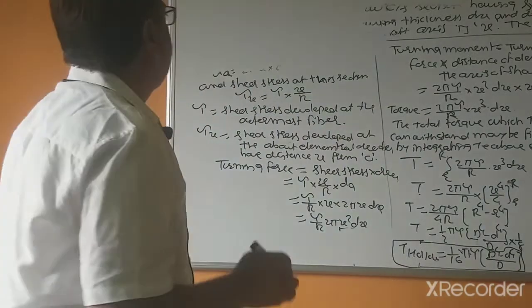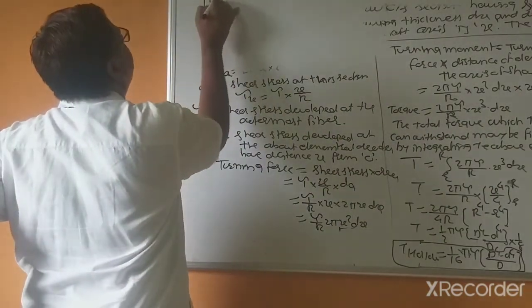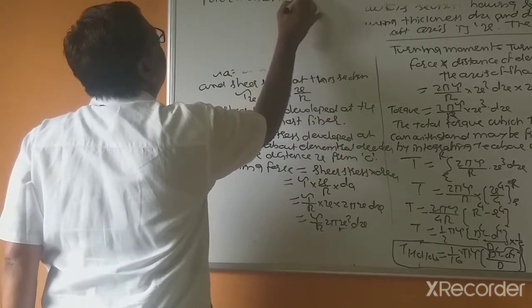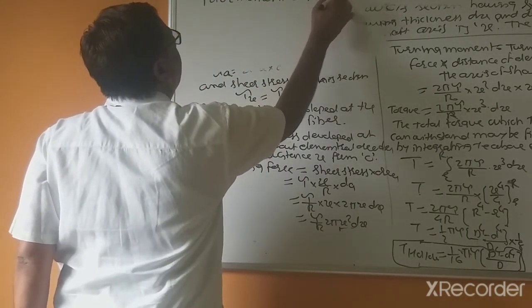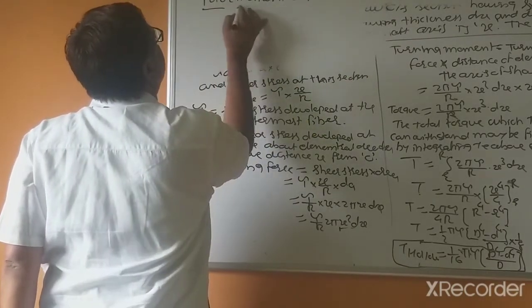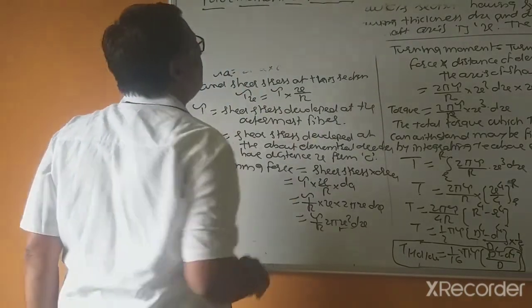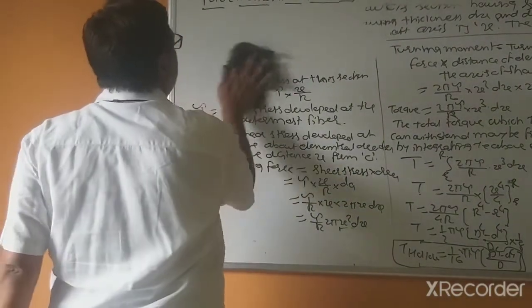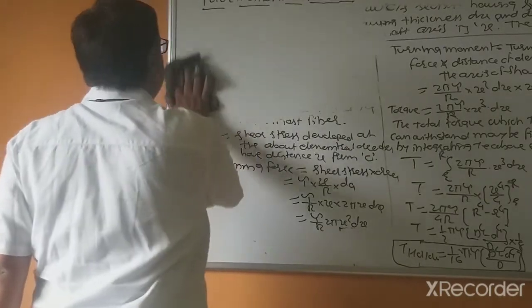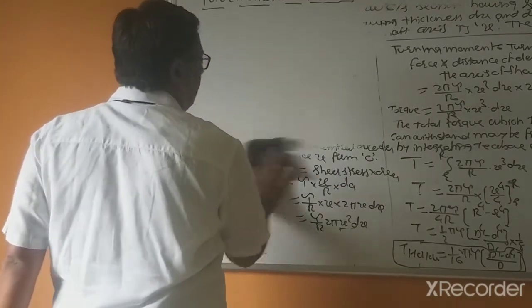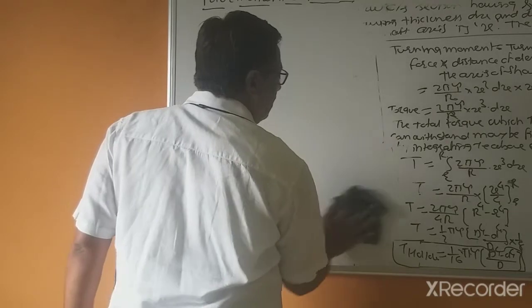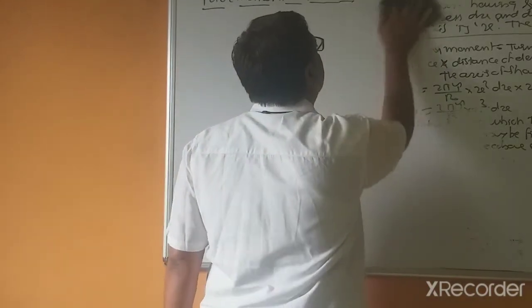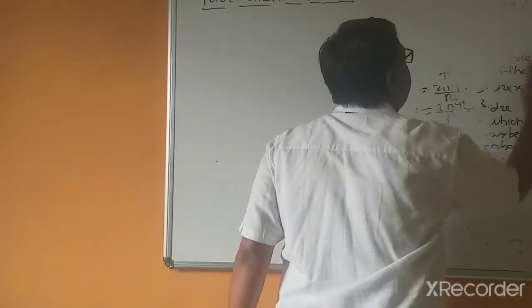This is the moment of inertia of a shaft about an axis perpendicular to the plane of the figure, that is called polar moment of inertia.